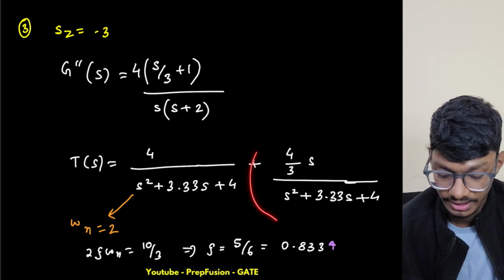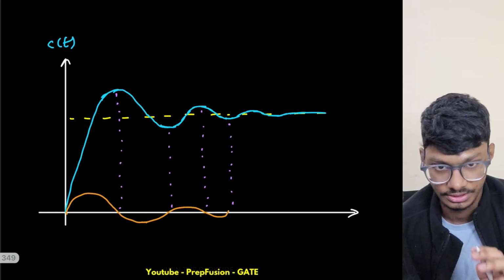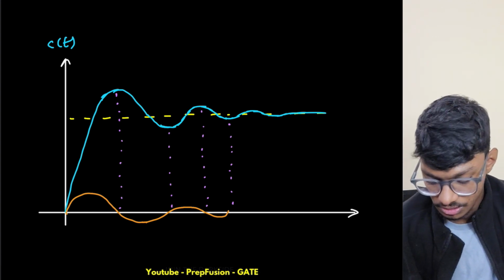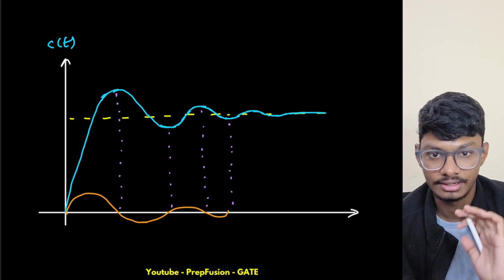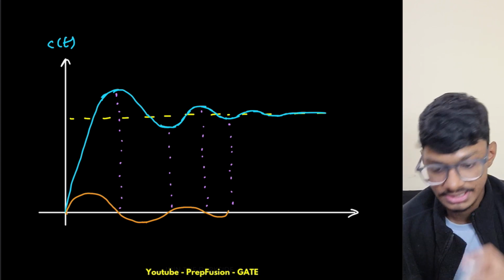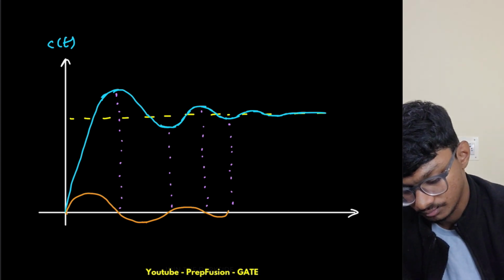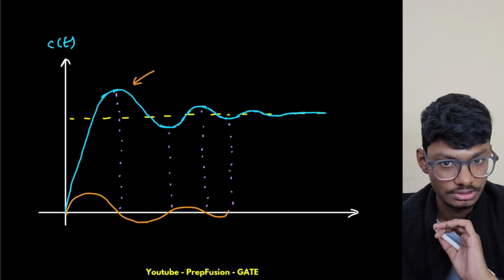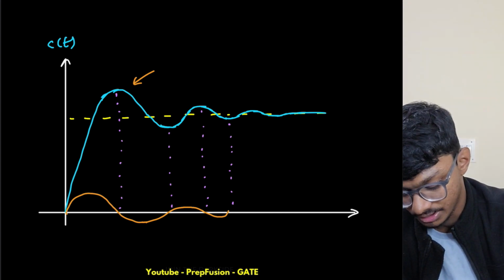But we have to take care of this equation also. So how to take care of this equation? I've drawn a few things here. I've already drawn the response. So let's say this is a simple second order standard response where my zeta is 0.83. There is no zero over here, there is no s term over here.